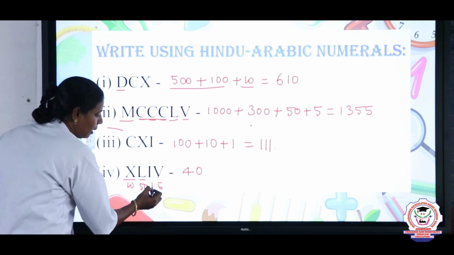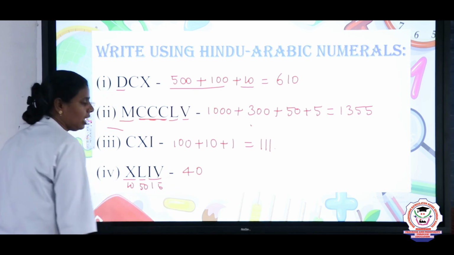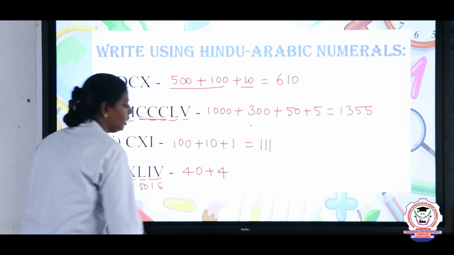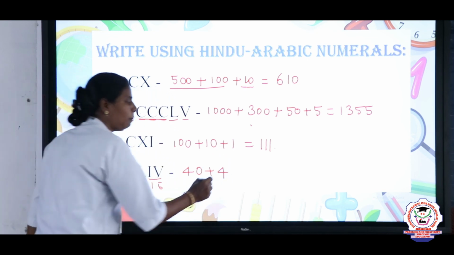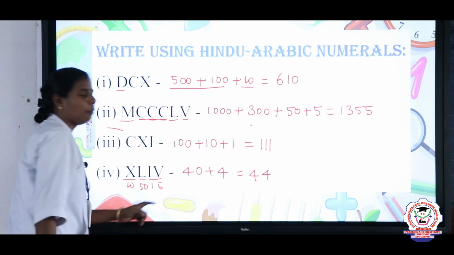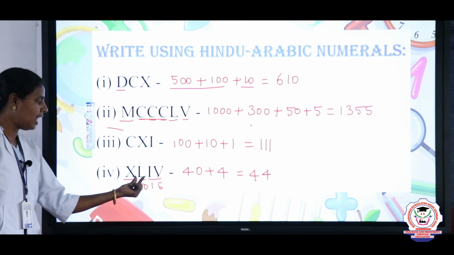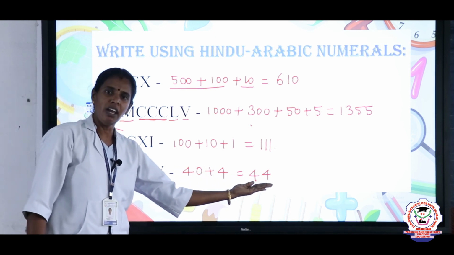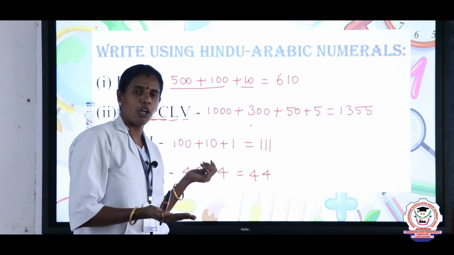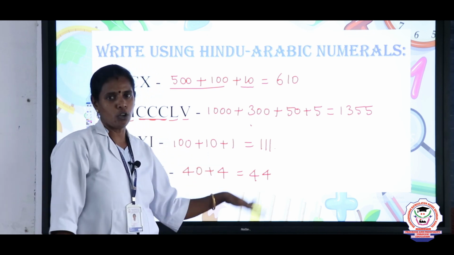So 5 minus 1, which is IV, is 4. So plus 4. Then 40 plus 4 is what? 44. Therefore, the numeral for XLIV is 44. Is it clear how to write the numerals to Roman numerals and Roman numerals to numerals?